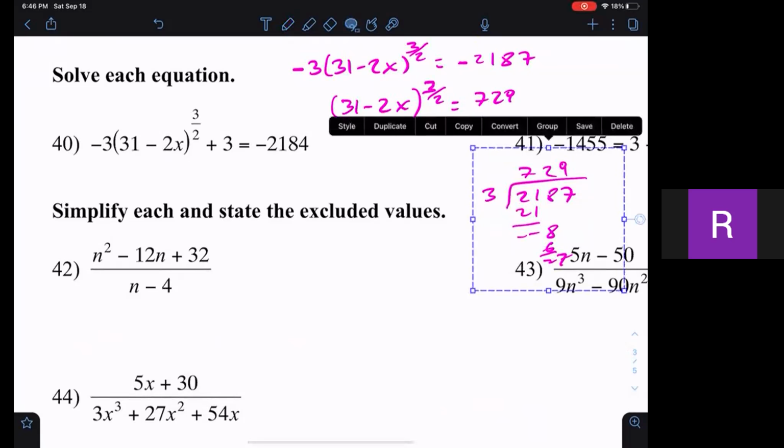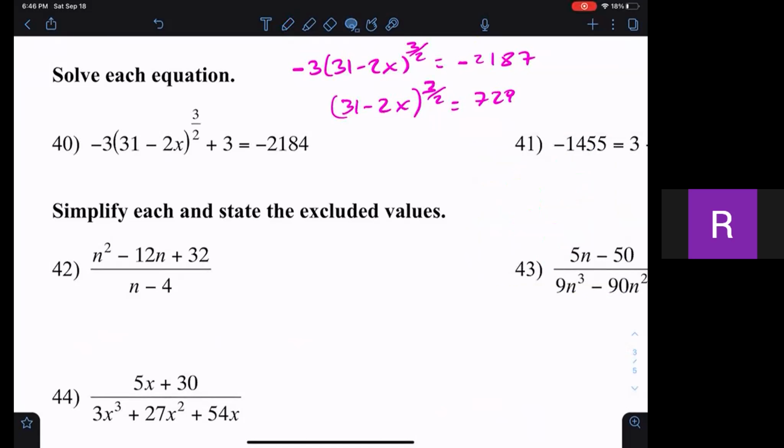Let's do that. Okay, so now I need to do what? I need to raise to the power of 2/3, and here I need the power of 2/3. So this cancels out. I get 31 minus 2x equals cube root of 729, which is 9, right?